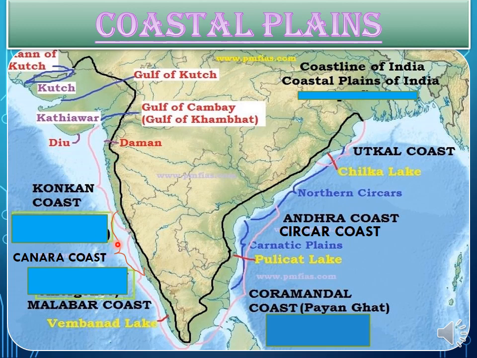The second one is the coast of Karnataka, called Canara coast, and the third one is Malabar coast, the coast of Kerala. Now on the east side, the coast of Tamil Nadu is known as Coromandel coast, the coast of Andhra Pradesh is called Sirkar coast, and the coast of Odisha is known as Utkal coast.